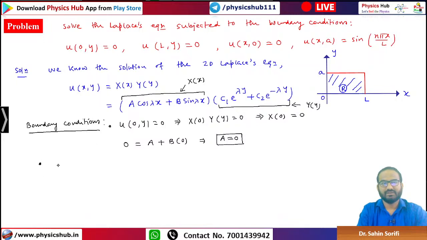Let's go for the second boundary condition, u(L, y) equals 0. It directly corresponds to X of L times Y of y equals 0.